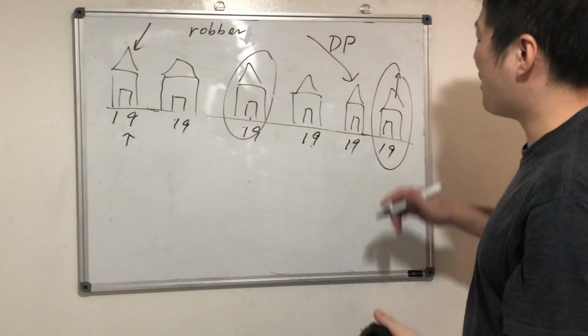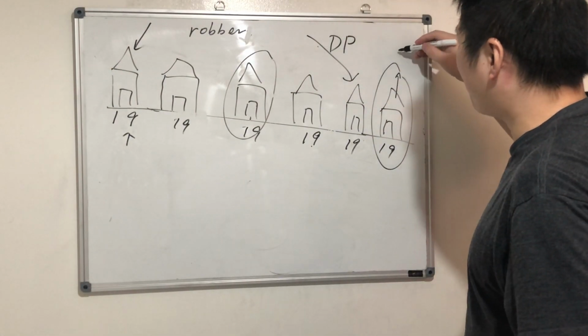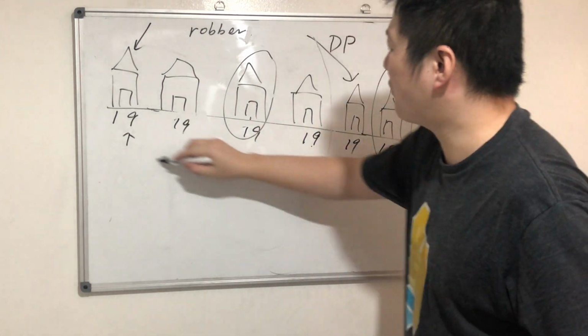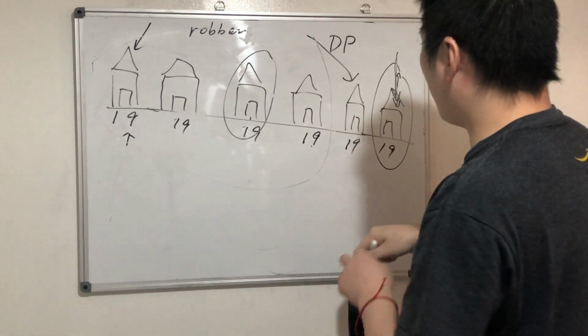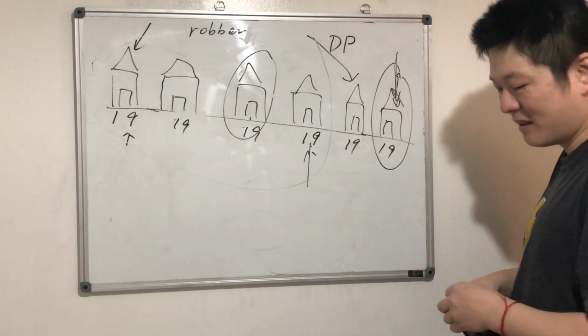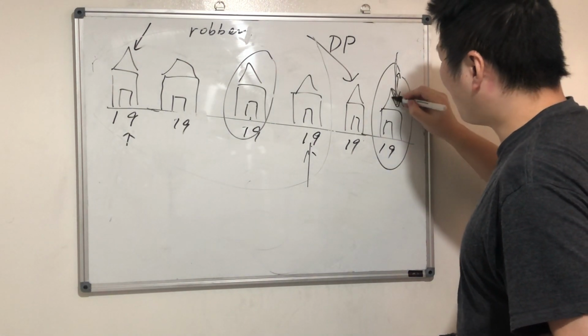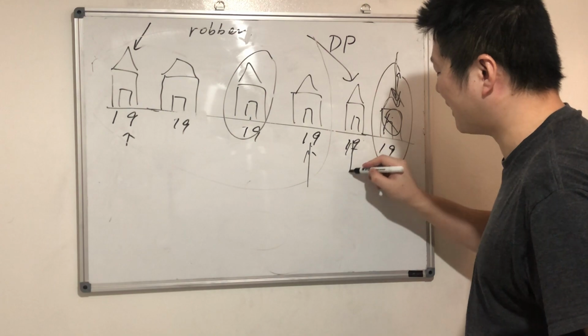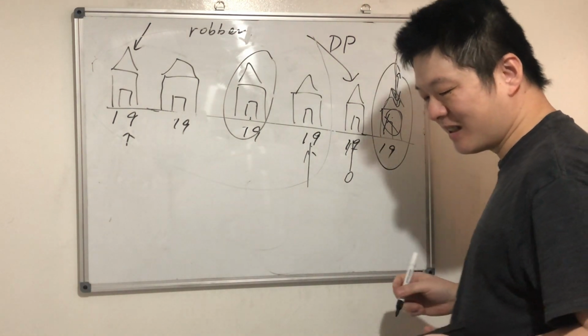So if I pick this house, the previous location will be this one, right? Or I don't pick this one, and the previous location could be this one. Do you see it?